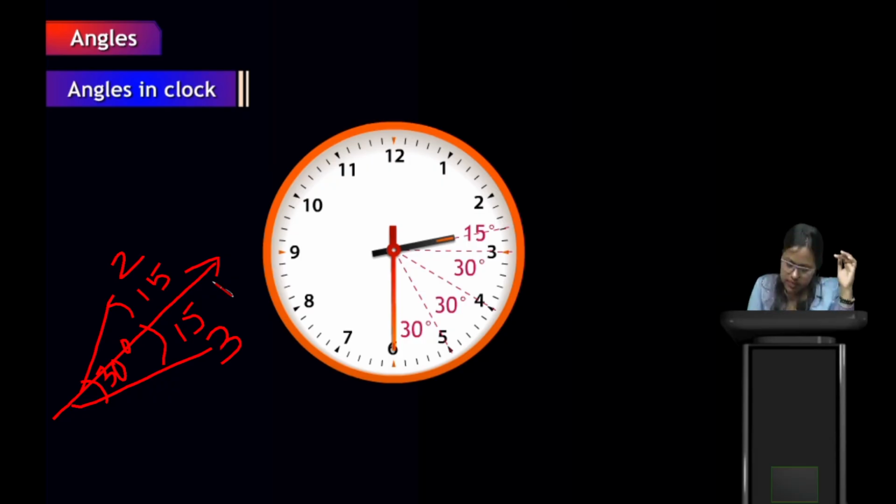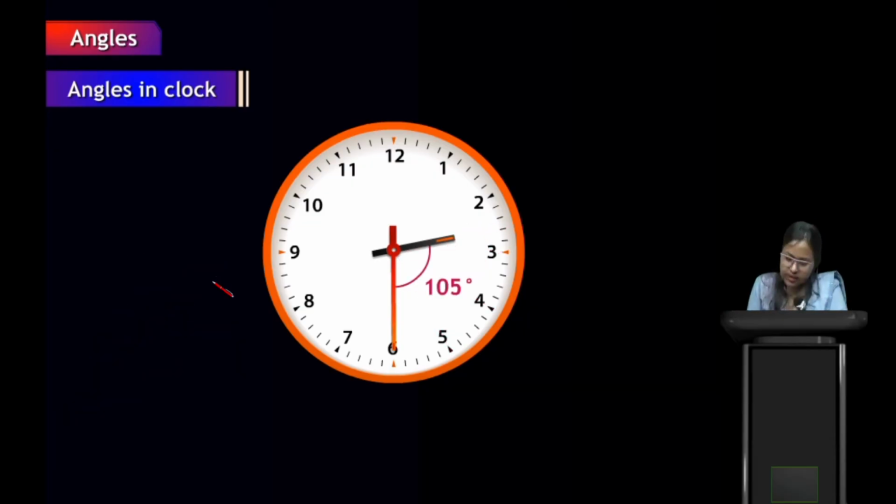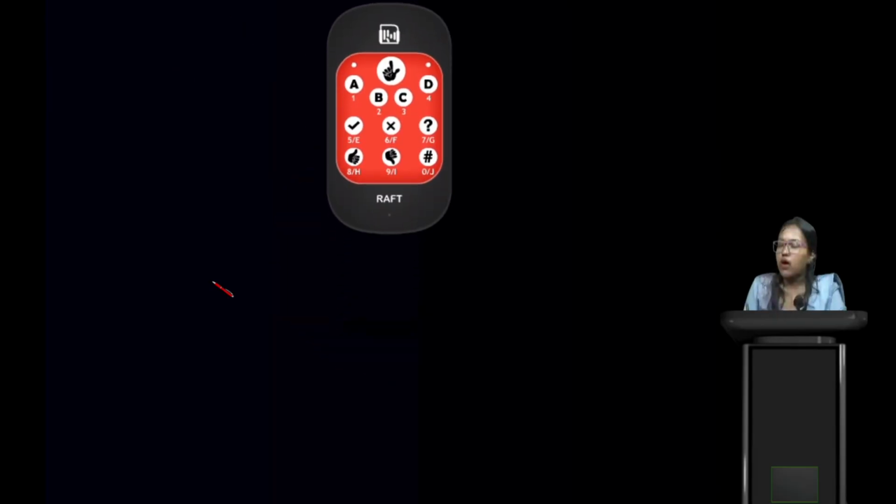So from the middle to 3, this much angle, I think you can see on your screen. This is 15 degrees. Right. From 3 to 4 again 30, 4 to 5 again 30, 5 to 6 again 30. If you add all, what do you get? 105 degrees in total, right? Okay.